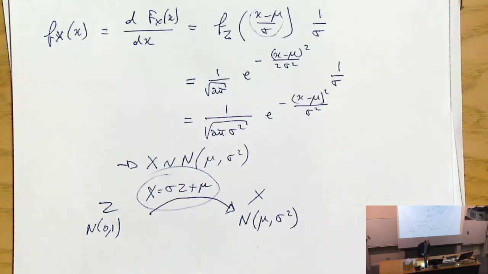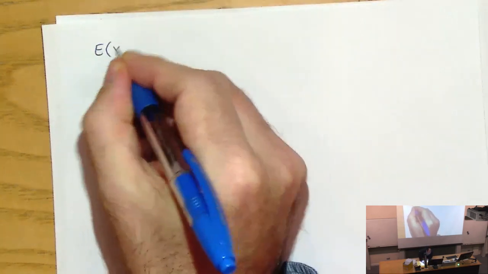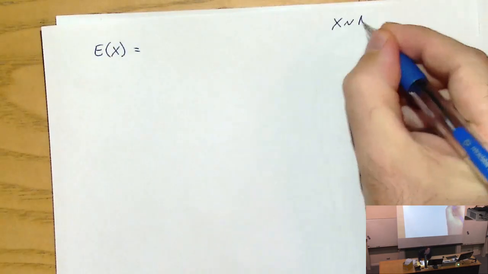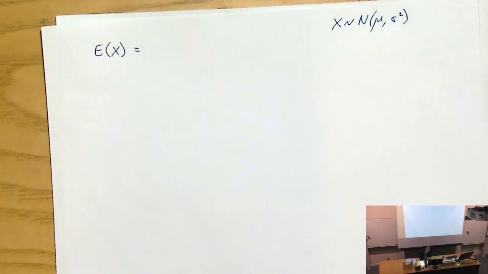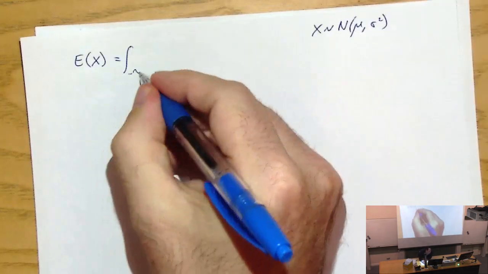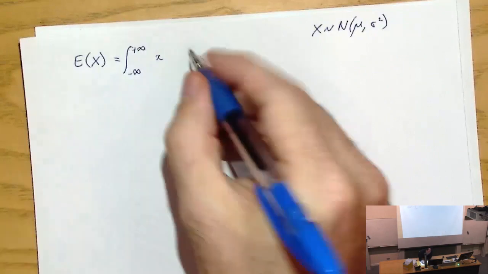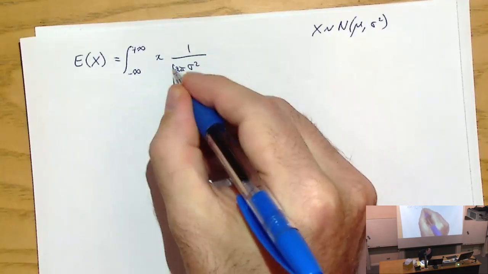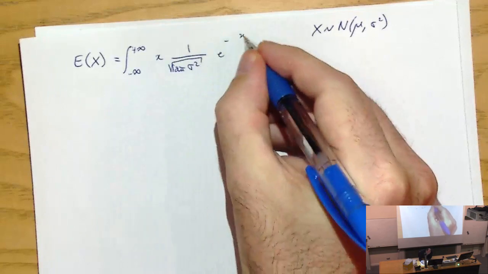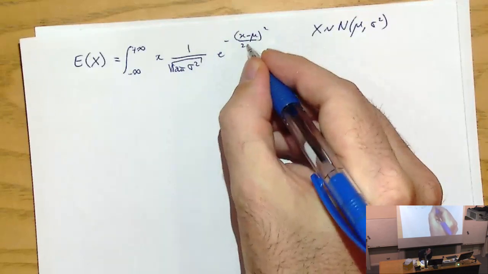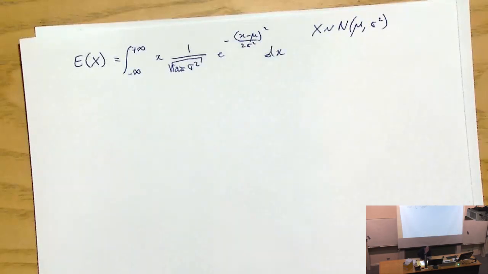Okay, so once we have that, we can compute the expectation of x and the variance of x. So what is the expectation of x? If x is normal with mean mu and variance sigma squared, the expectation of x is this whole thing: x multiplied by 1 over the square root of 2 pi sigma squared, e to the minus (x minus mu) squared divided by 2 sigma squared, dx.